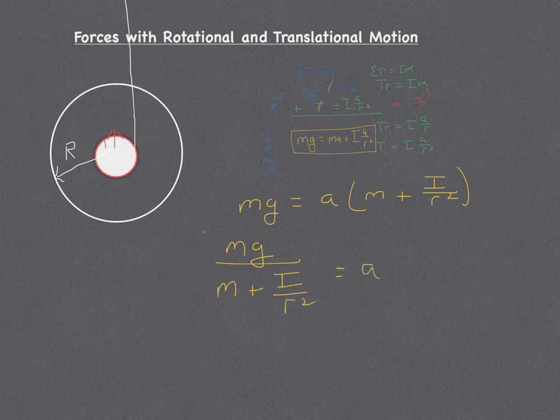Now we're going to see this relationship pop up whenever it's even on a ramp. So we're gonna reference this later. So this was a short video, but we're gonna reference this in the next one, where it's gonna be forces with rolling.